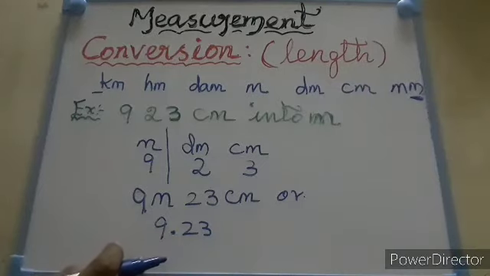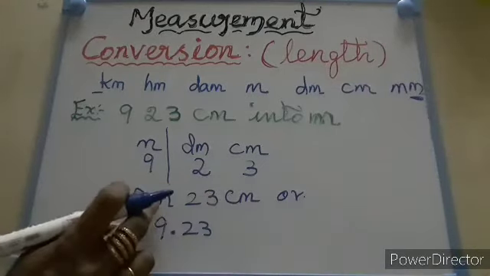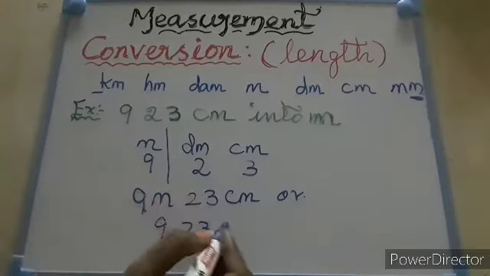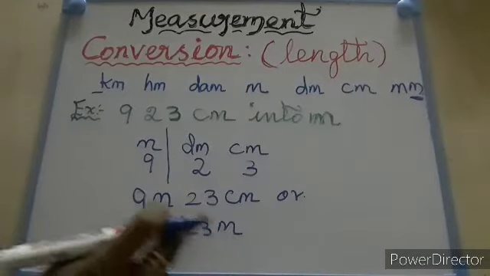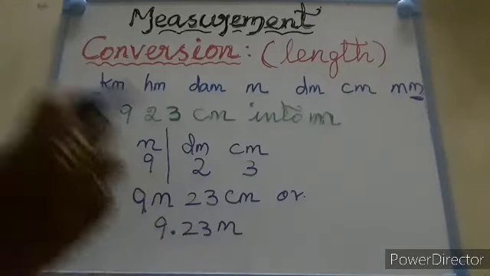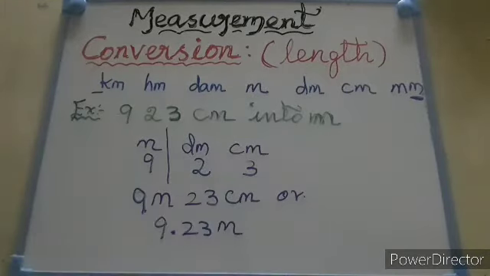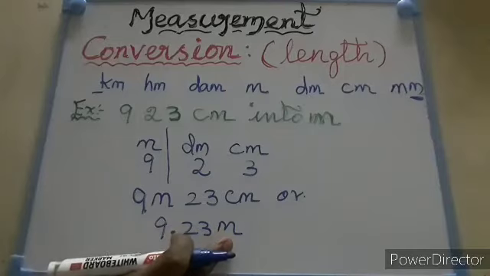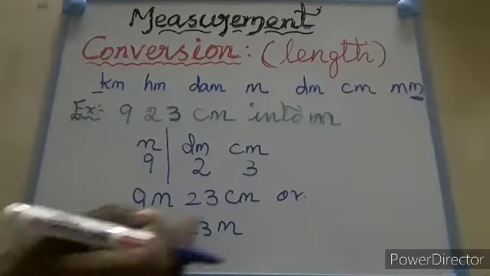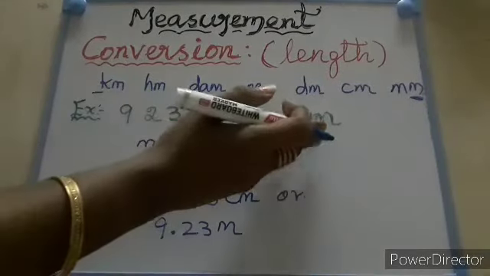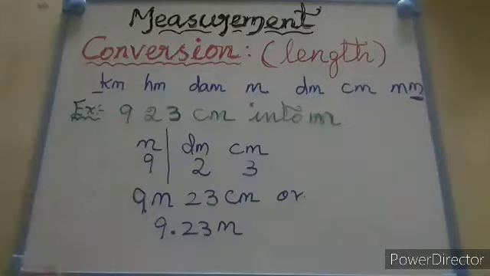Which unit do you have to write, cm or m? Yes, meter you have to write. If you put a dot here, you have to write the greater unit, the unit they asked in the question. Understood? Okay, this is how we write from smallest unit to biggest unit.